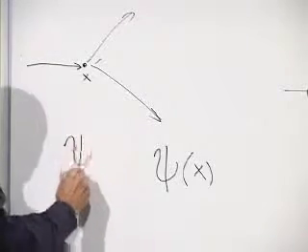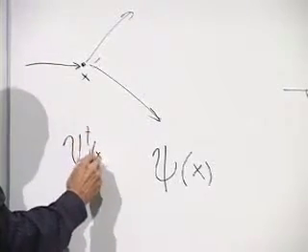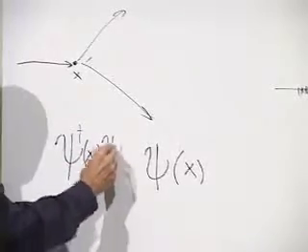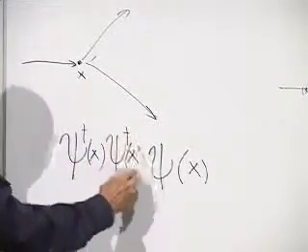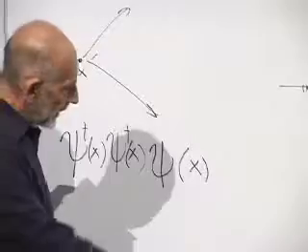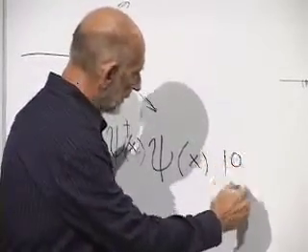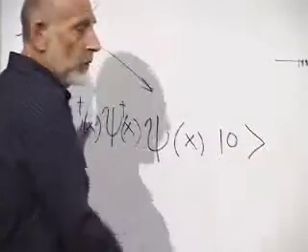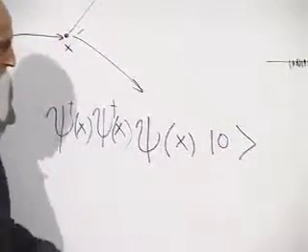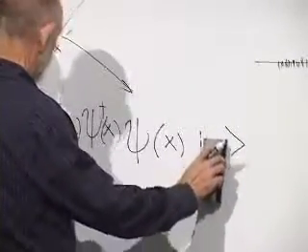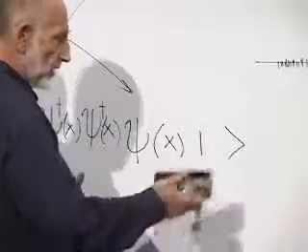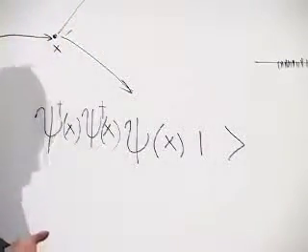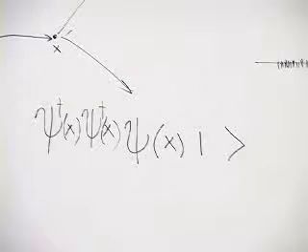That would be psi dagger of x, psi dagger of x. That might act on not the vacuum state, but a state with some particle in it.